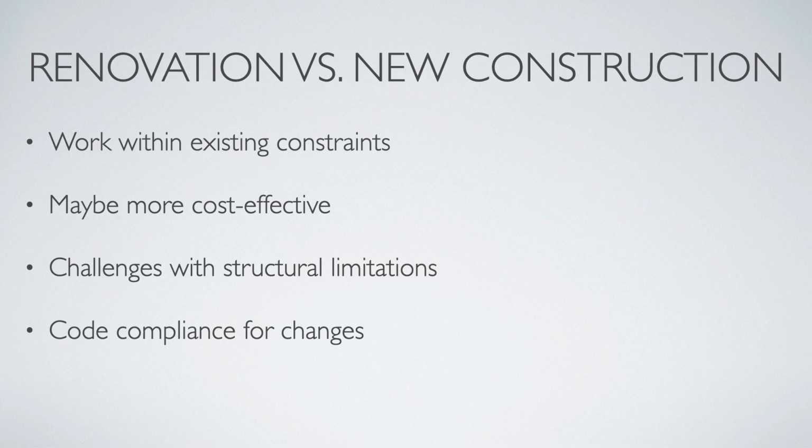So for new construction, design your specifications. We're going to have higher initial costs, a longer timeline, and we have to make sure that all the codes meet the current and most modern code compliances.